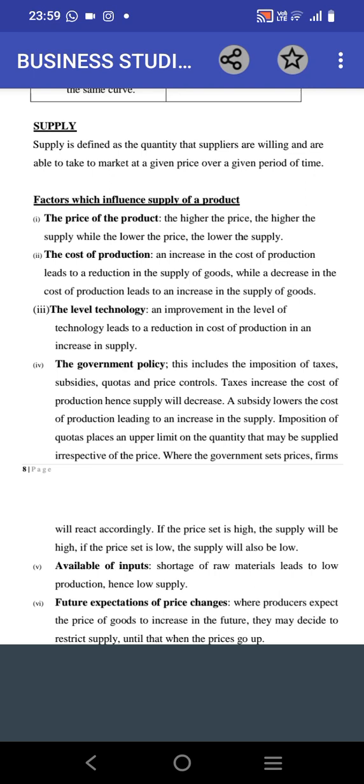There are factors that influence the supply of a product. What are the factors that influence supply of products? What makes goods to be made and taken to the markets? The price of the product. If you are the one making the goods, will you put the price low?